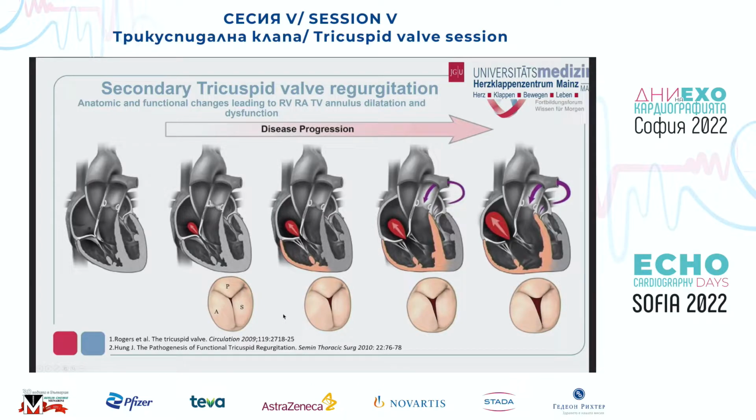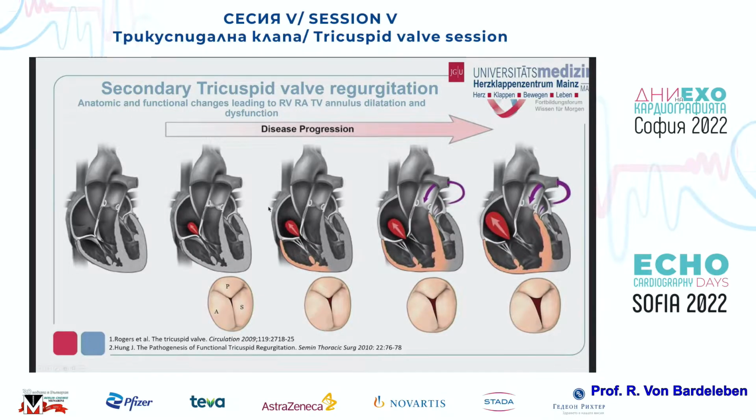If we look into the secondary tricuspid valve regurgitation, and you will see similar slides in more detail by Becky Hahn in the upcoming talks, you see that there is an ongoing progression of the disease. We have a typical shape of the tricuspid valve, with a dominant anterior leaflet, a large and very long septal leaflet going from the Koch triangle to the coronary sinus, and a high variability in the posterior segment of the valve.